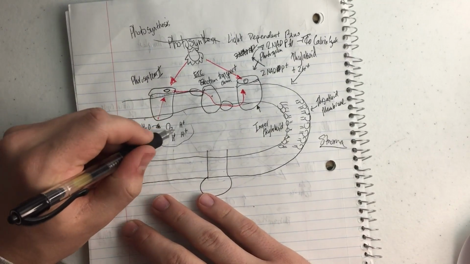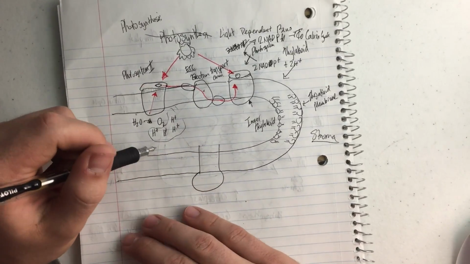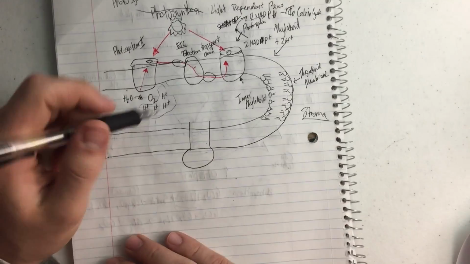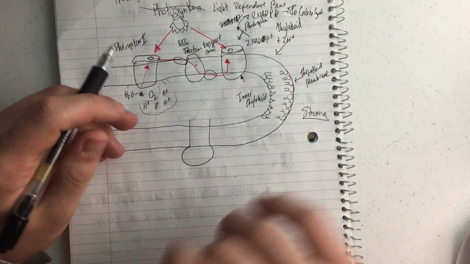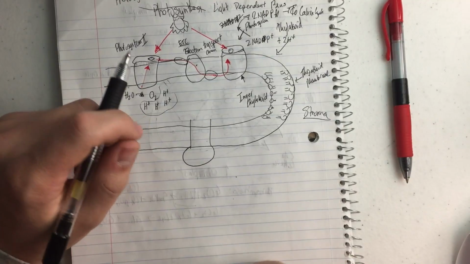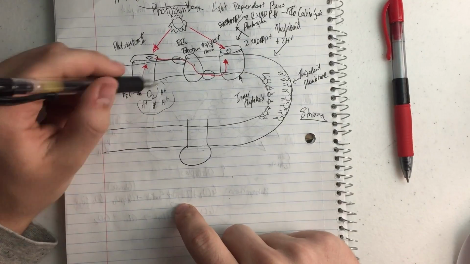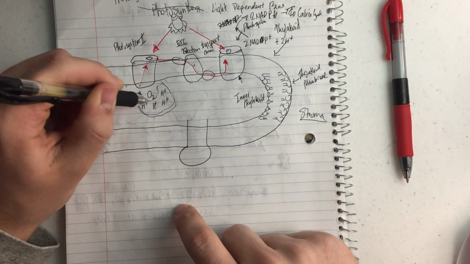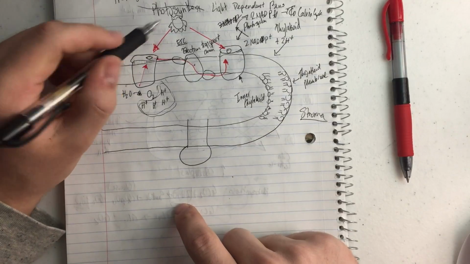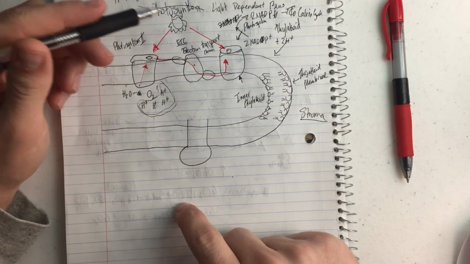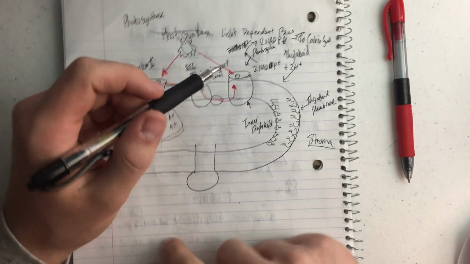These hydrogen ions are going to be really important, also highly important for the production of ATP to go to the Calvin cycle to make glucose. So this is going to make some ATP, stealing the electron from water to move electrons through photosystem 1 and photosystem 2 to make our NADPH.